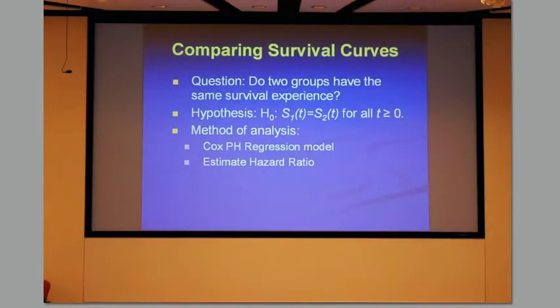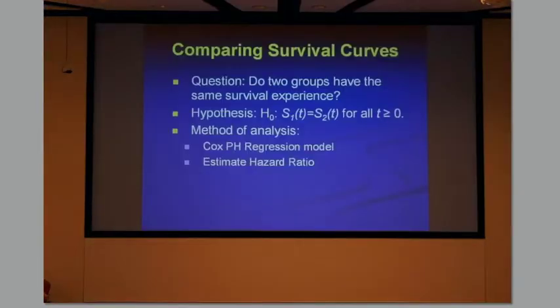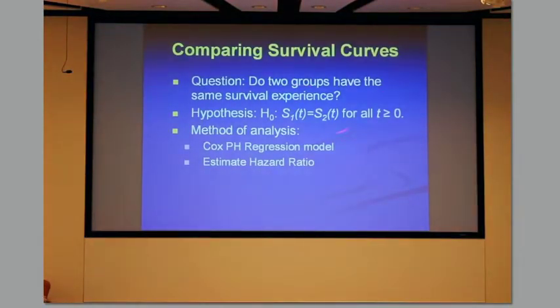Alright, so the next question we have is, how do you compare survival time distributions? What statistical methodology can you use to say whether 2 groups, for example, the 2 groups in this data set, active treatment and placebo, have the same survival experience? So we have what we call our null hypothesis, which is just that the 2 survival distributions are the same.